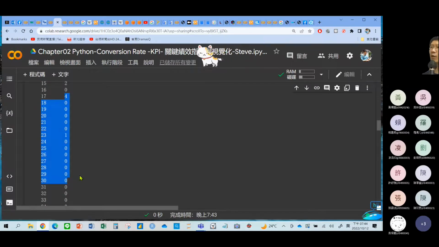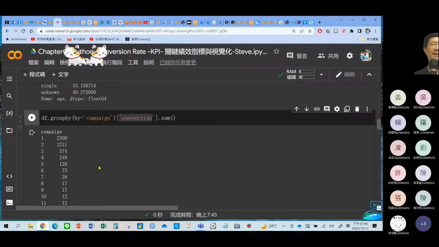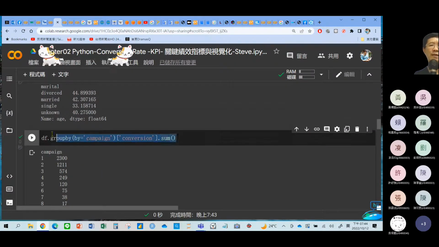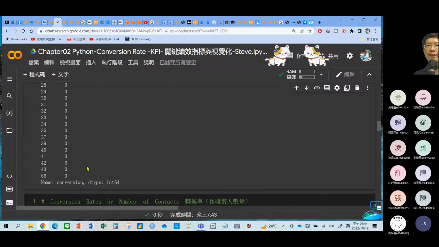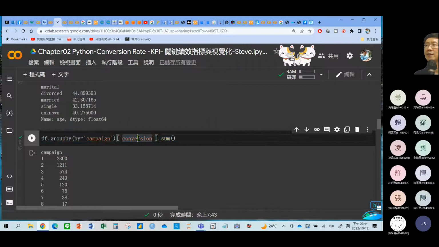It means the more phone calls you make, the less conversion you get. 越打越多通，不见得是有效的。Okay, so with this function, it's easy for you to calculate the campaign categories 1, 2, 3, all the way to 56, to calculate the conversion count for each campaign.